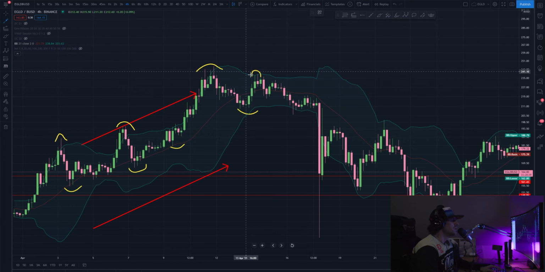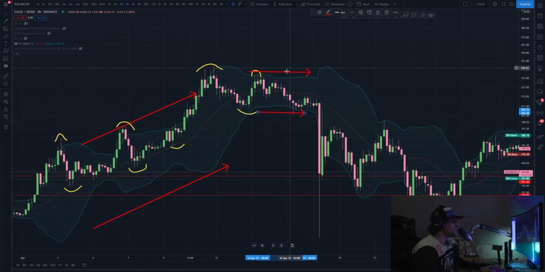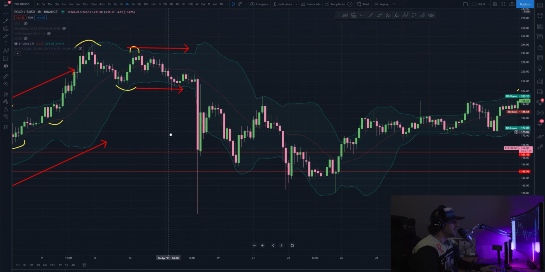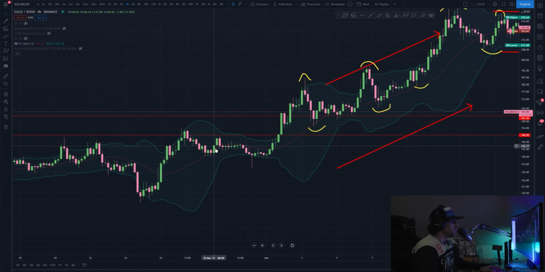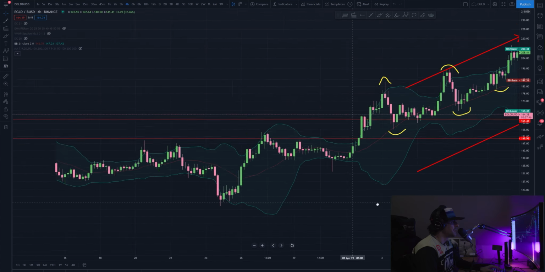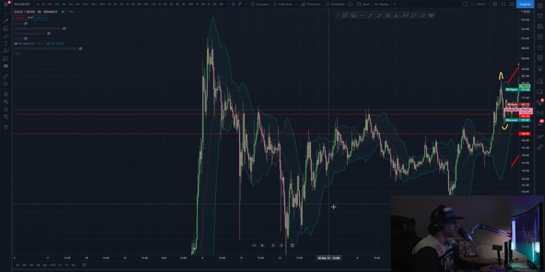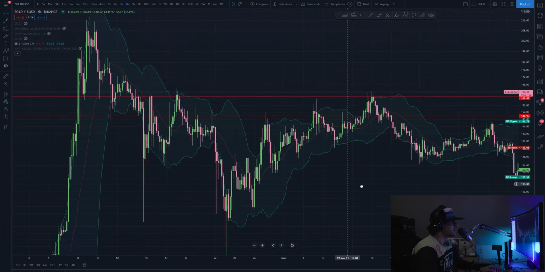Now you can see this distribution period, and when you see that the Bollinger Band is straight like this, it can be a distribution after a good upward move, and it can also be an accumulation period when the trend has been going down for a while, like this.